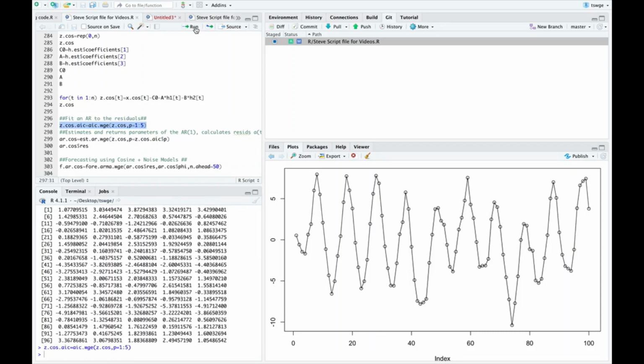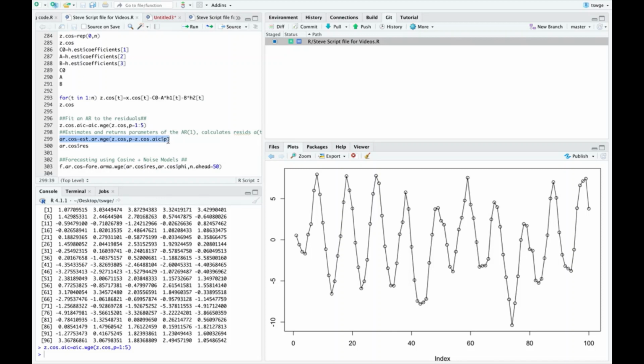Run that. That estimates and returns the parameters of the AR1, and it calculates the residuals. So now what we're doing is we're going to estimate this. We're going to give it the z dot cos from what we had just defined.